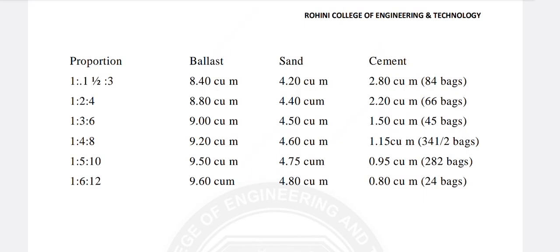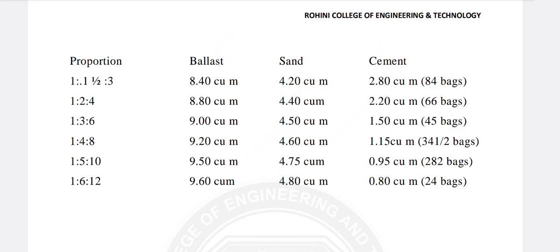To find the materials for 10 cubic meter of cement concrete of 1:4:8 proportion, cement is 15.2 divided by 1 plus 4 plus 8, which is 15.2 divided by 13, that is 1.17 cubic meter, say 1.15 cubic meter. Therefore, sand is 1.15 into 4, that means 4.60 cubic meter, and the ballast is 1.15 into 8, 9.20 cubic meter.